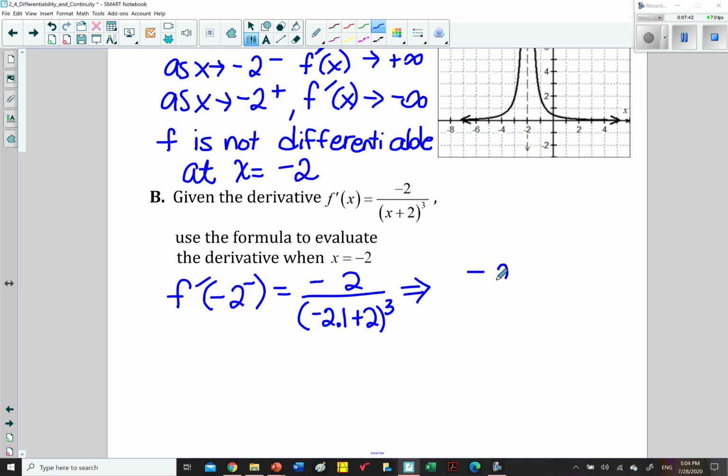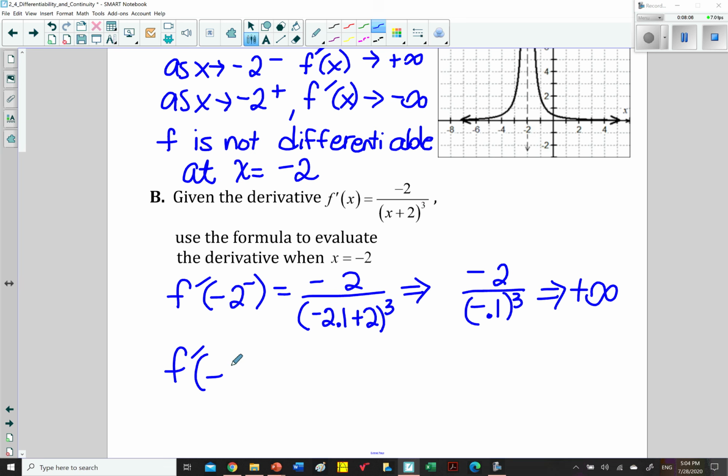So I've got negative 2 over negative 0.1 cubed. So if you think about the value of the numbers, I've got a negative divided by a negative, and a little small number in the denominator is going to create a positive large number.